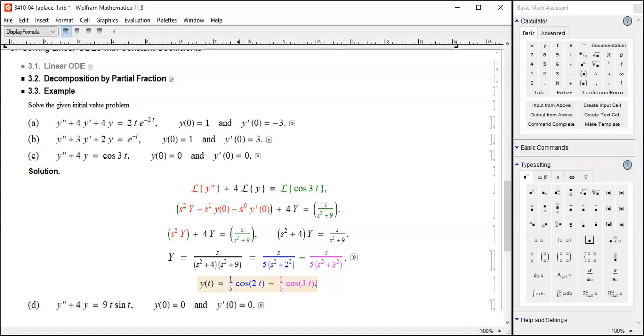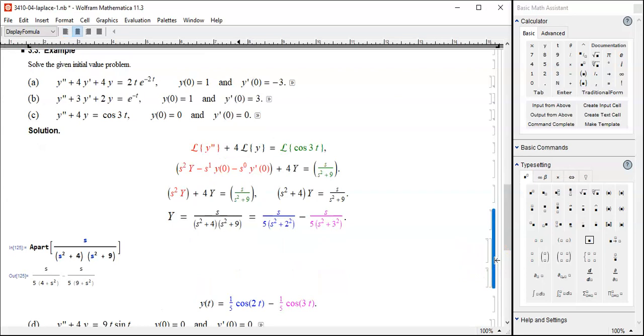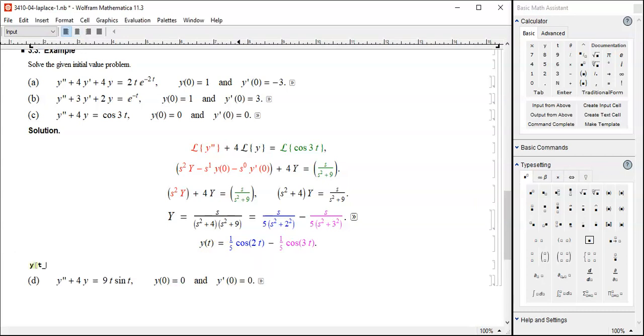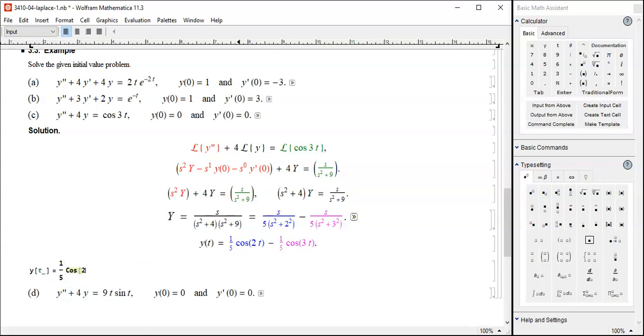This doesn't look right. Did I misread something? Oh, it's okay. No problem here. It's got to be right. Let's check. So 1/5 cosine of 2t minus 1/5 cosine of 3t.